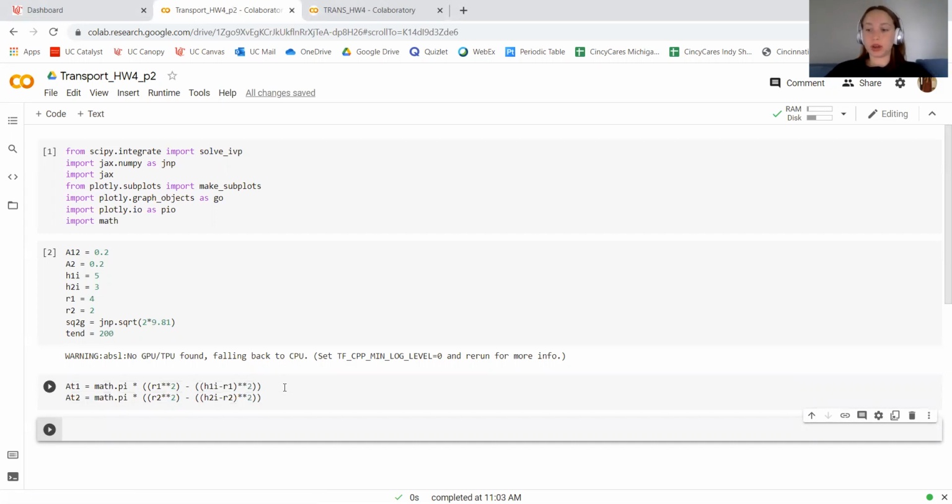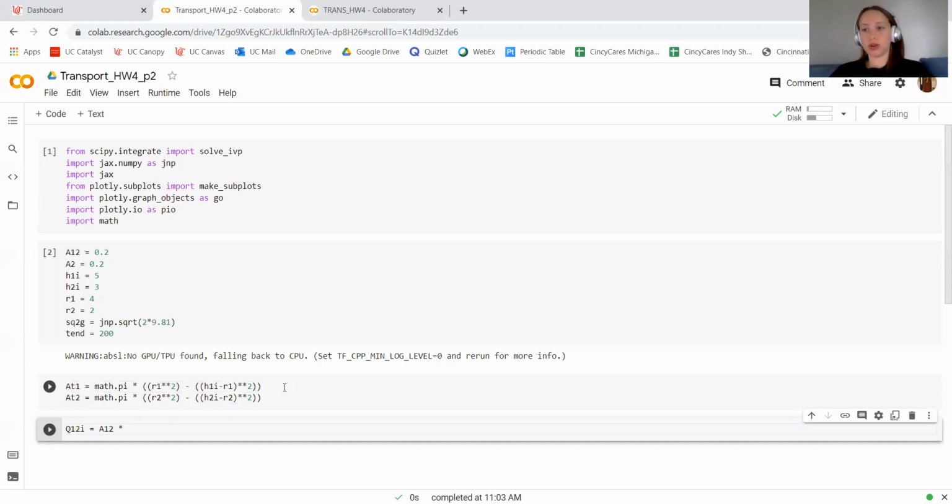So now we want to add in expressions for the initial steady state flow rate that we found in part 1. So Q12 and Q1. Which again, we said was the cross-sectional area of the pipe times the velocity of the fluid moving through that pipe.